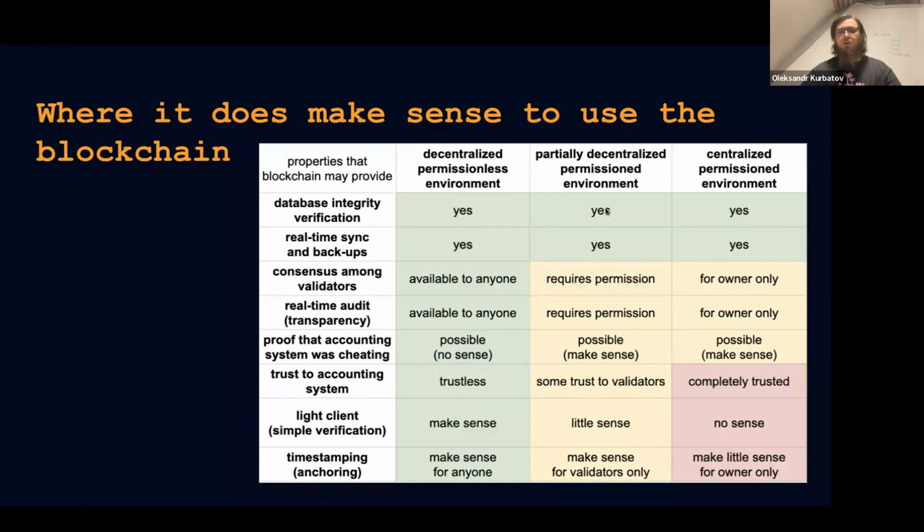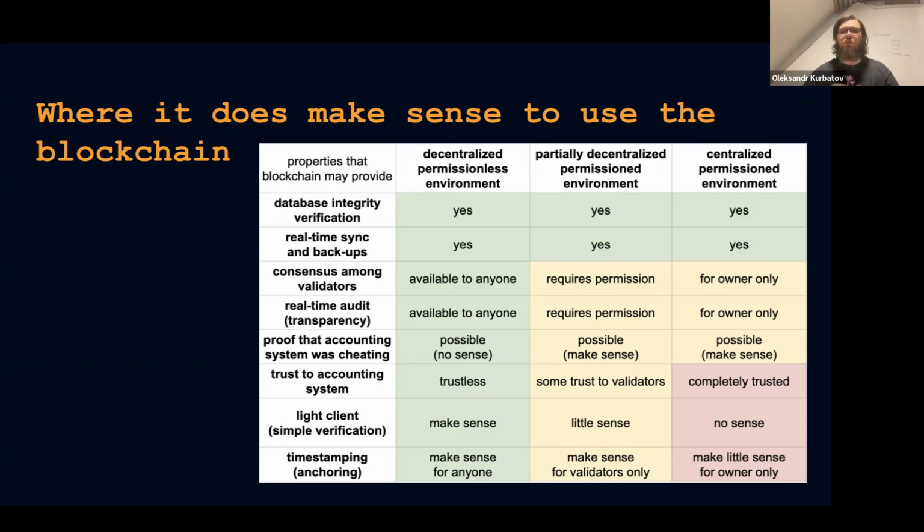So in all of the cases, you can achieve database integrity verification. It means that over time, you can be sure that your database, your history of events and transactions wasn't modified. It can be achieved in a decentralized permissionless environment, that's obvious, but as well, it can be achieved in a centralized environment.